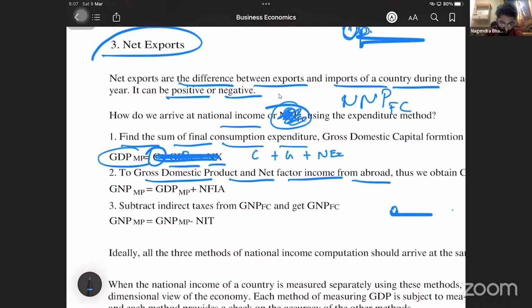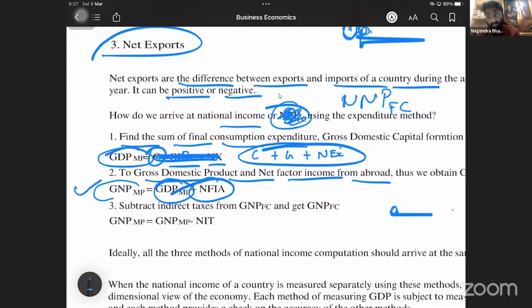This is gross domestic product, nothing but GDP at market price. GDP at market price plus net factor income from abroad, we will get GNP. Remember the difference between GDP and GNP, D and N. That is NFIA.